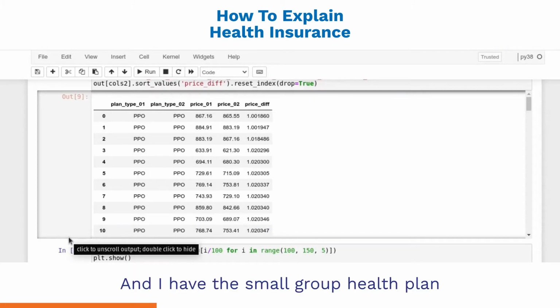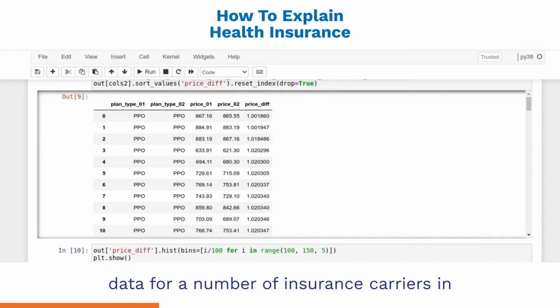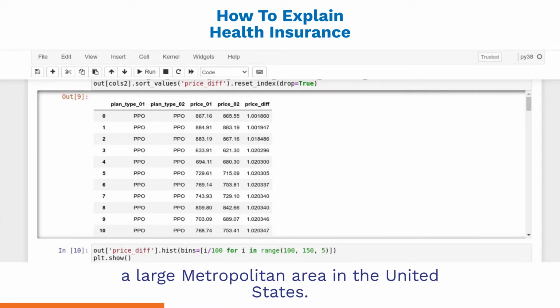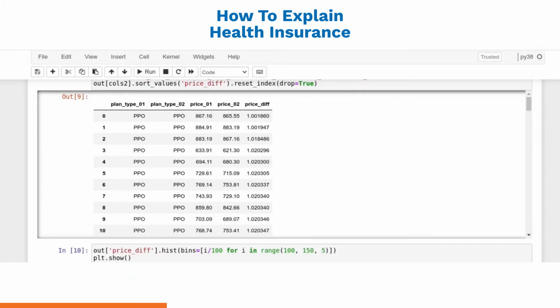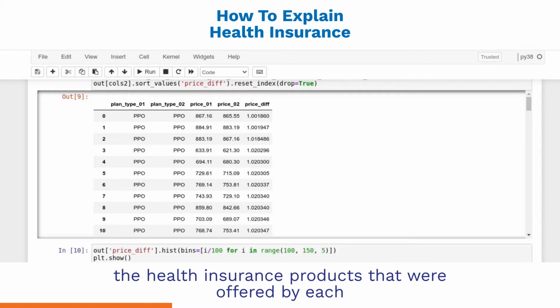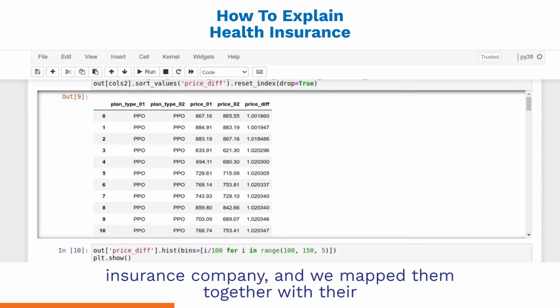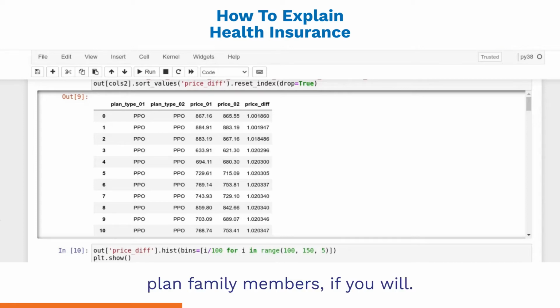I have the small group health plan data for a number of insurance carriers in a large metropolitan area in the United States. What we did was we took all of the health insurance products that were offered by each insurance company, and we mapped them together with their plan family members, if you will.